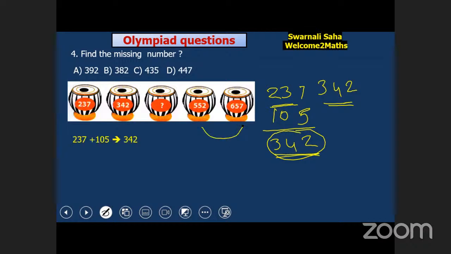So whenever you add 552 plus 105, you will get 657. That means you have to subtract first, 657 minus 552, and it is 105. So that means the gap is 105. So we have to add 105 for the next number. So obviously for the next number, here we have to add 105. So it would be 342 plus 105 is 447. Okay, fine. So D is the answer.